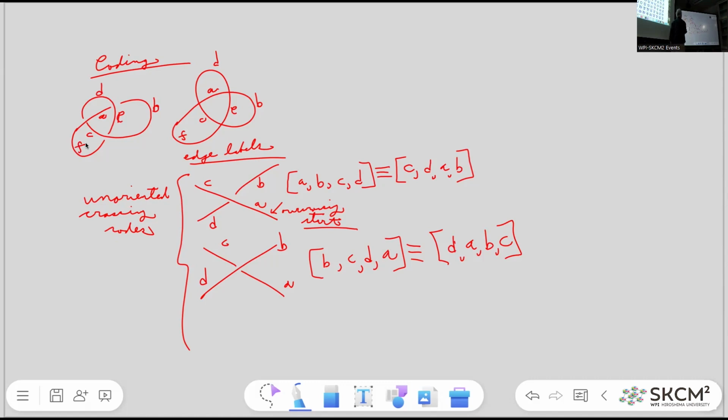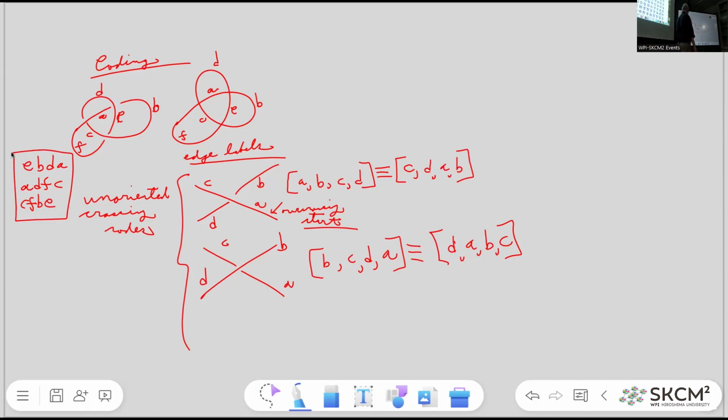So I go to the first crossing, and I have E, B, D, A. I go to this crossing, and I have A, D, F, C. And I go to this crossing, and I have C, F, B, E. So there's an abbreviated crossing code for the diagram.